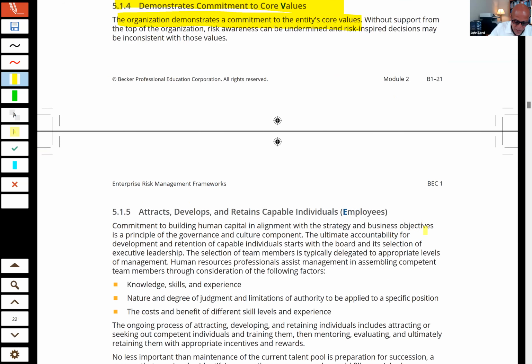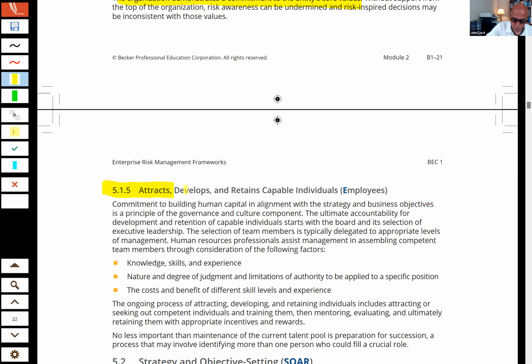And then coming down, attract and develop capable individuals, our employees, and that's really going to be what our human resources folks are going to help us to recruit people that have knowledge, skills, and experience.